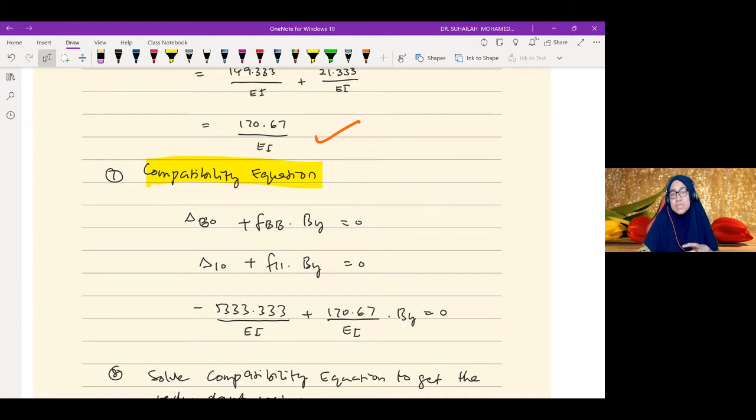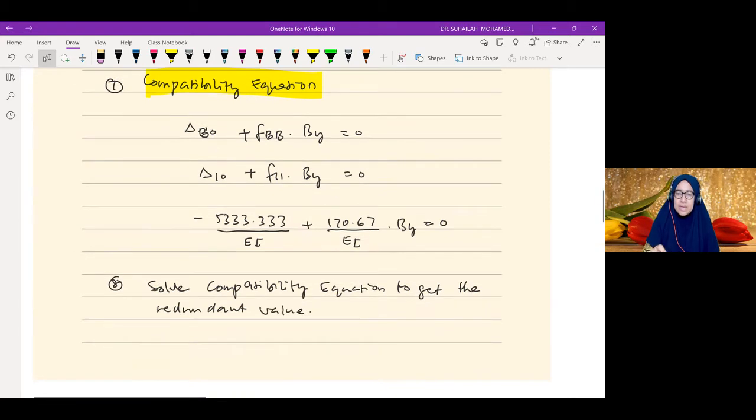If you want to use the other option, we can use delta 1 naught plus F11 times BY, which means the moment equation in the redundant system is called M1. So M naught for the primary, M1 for redundant 1. We substitute into the formula, and what we get is this. This is the compatibility equation.